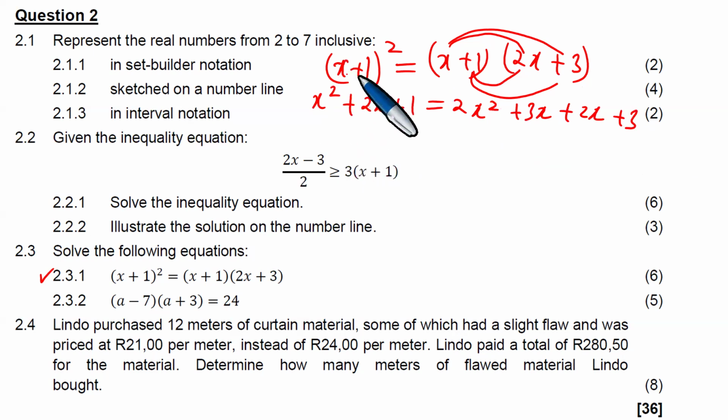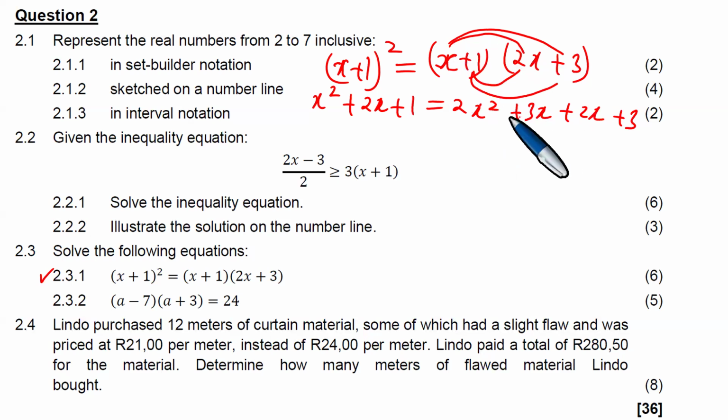Okay, now to square this perfect square, we say x, we square the x, and then we get x squared. Next, we say x times 1 times 2. x times 1 is x, times 2 is 2x. We square 1. And then we have x times 2x, which is 2x squared. And then we multiply x times 3.